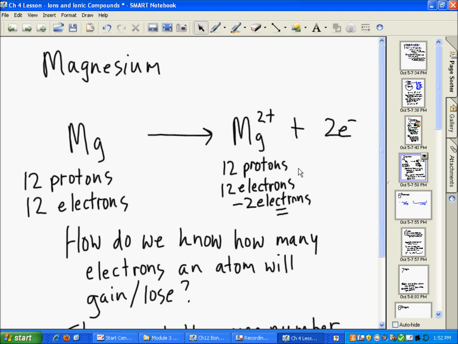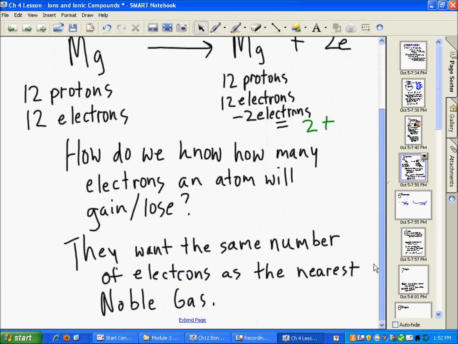So 12 protons in this nucleus, 12 positive charges. 12 electrons minus 2, leaving you with 10 electrons. You end up with 2 positive charges. So this leads to the question, if I say magnesium typically loses 2 electrons to form an Mg2 plus ion, how do we know how many electrons an atom will gain or lose?